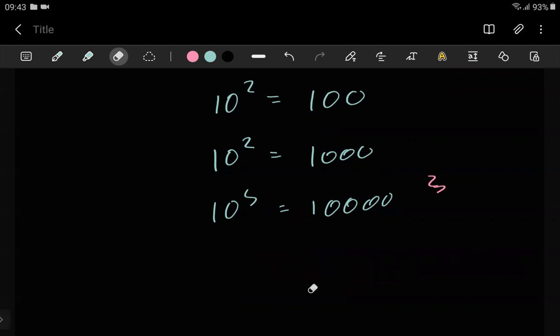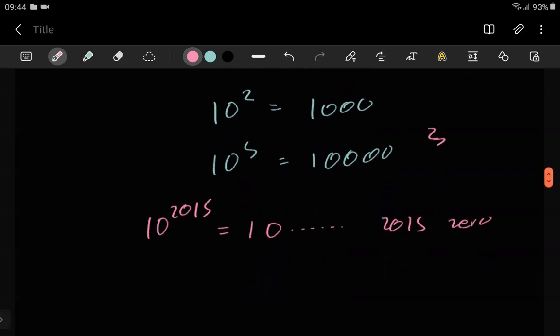Okay. Yeah. So with 10 to the power of 2015, we know it's 1 with literally 2015 zeros. You see? So if you think of 2015 zeros and you add up with 1, the sum will still just be a 1 only, because 1 plus a bunch of zeros is just 1, right?